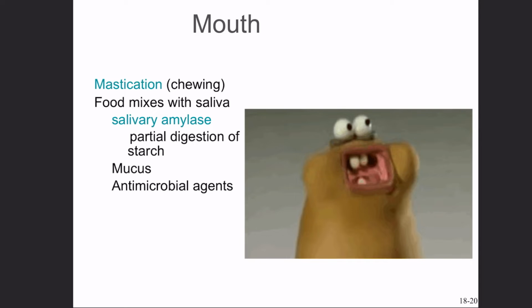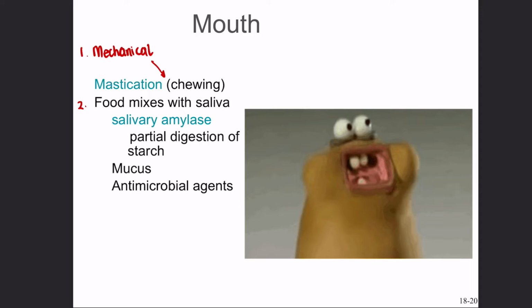First off, we put food in our mouth, and as soon as you put food in your mouth, digestion is starting. And it has two types, right? There's mechanical digestion in form of mastication, which is chewing. This is a GIF, this little guy chewing. So that's one way, but then a second way is chemical digestion.